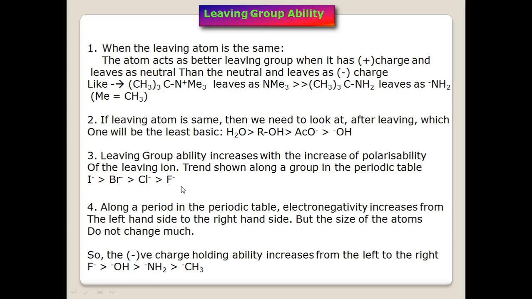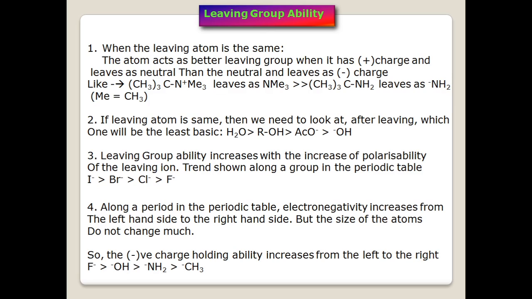And in the third and fourth points, I explained this based on the periodic table group and period situation. So along the group, how does the leaving group ability change? I have taken group 7 elements as reference, where we have fluorine, chlorine, bromine, iodine.